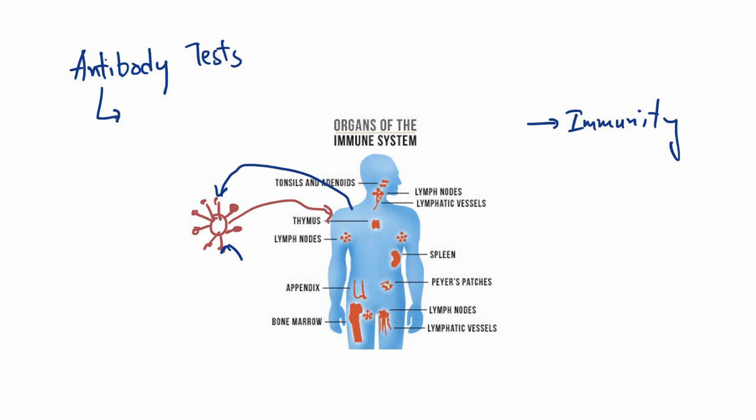That is a natural trend. Anything foreign which is attacking the body, the body's natural tendency is to produce substances which kill that particular organism, and these substances are called antibodies.